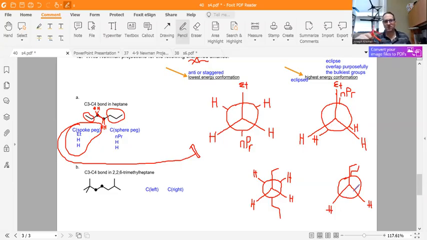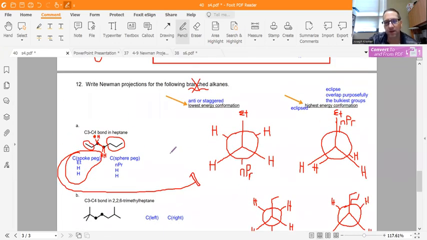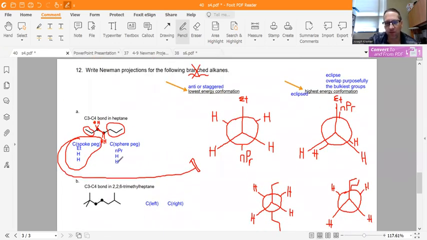Now what you're seeing, I just drew it for you. I put in the H's. So either the abbreviations or the line angle formulas are good.